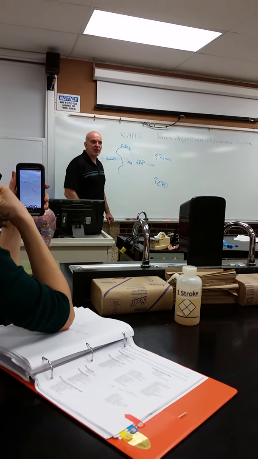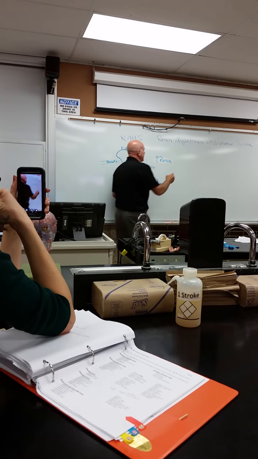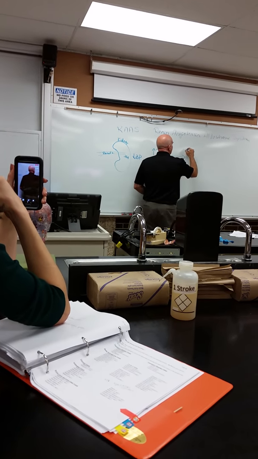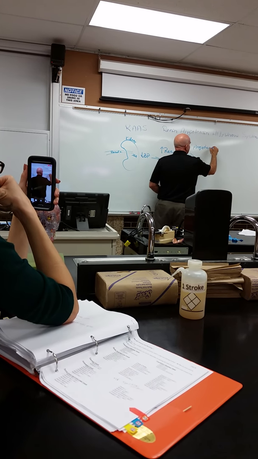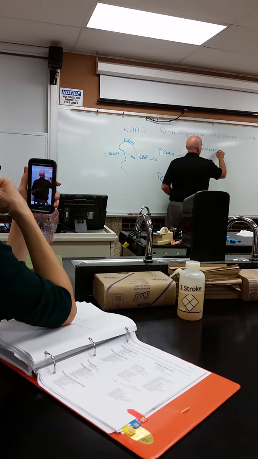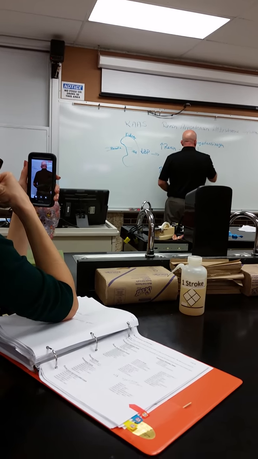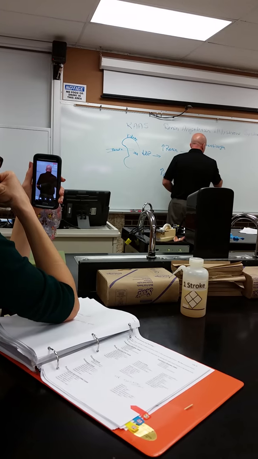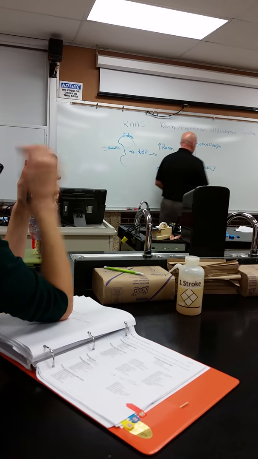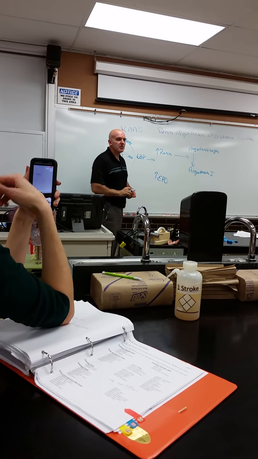Now let's do the renin first. What renin does is renin converts this pre-hormone called angiotensinogen into angiotensin 1. That's what renin does.